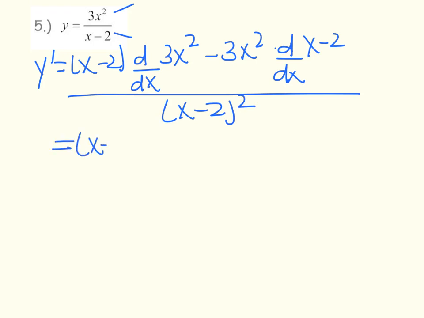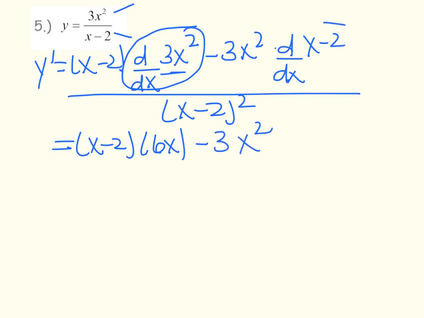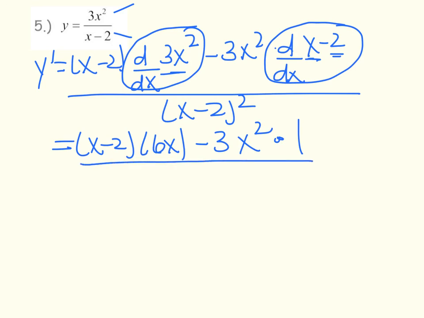So I'm going to leave my x minus 2, and I'm replacing this with the derivative of 3x squared, which is 6x, minus 3x squared, and the derivative of x minus 2 is just 1, because the derivative of x is 1, and the derivative of negative 2 is 0, and then I have that divided by x minus 2 squared.